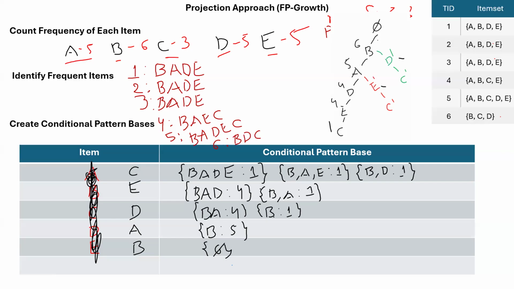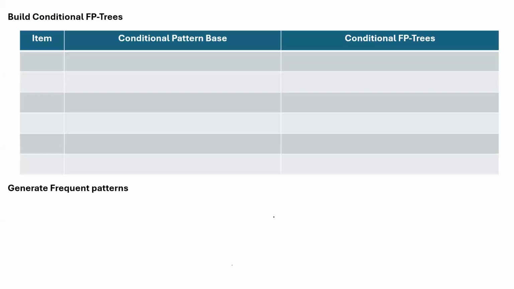Now I just have to write all this there. Let me do that quickly. From the conditional pattern basis, you just have to create the conditional FP trees. Let me show you how to actually do that. I'll go back to this slide and start writing the same thing that we have found out.